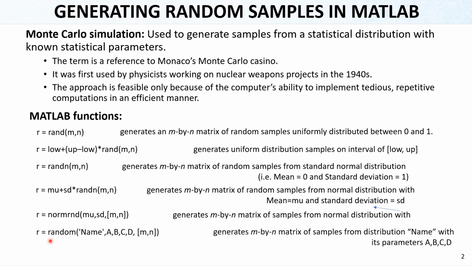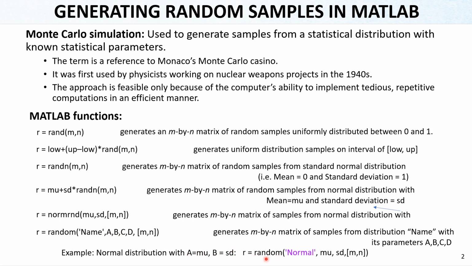There is another function, random, and it can generate samples from any distribution. It can be normal, uniform, or a different distribution like log normal, Weibull, or exponential distribution, etc. Those will have some parameters. For a normal distribution, for instance, we have two parameters, the mean and standard deviation, for A and B. We don't write C and D here.